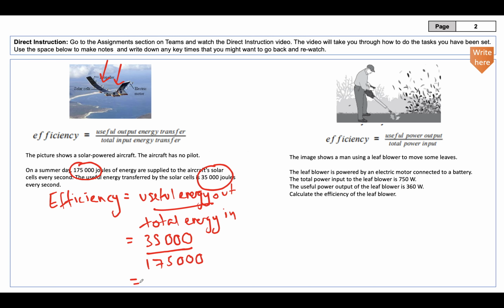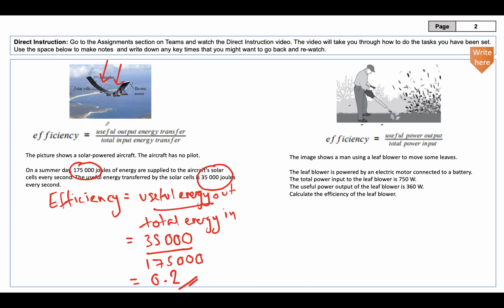Pop that into the calculator. And that gives me a 0.2. And that's all we need to do. If you were asked to give it as a percentage, you could times this decimal by 100 and it would give you 20%. But the exam board now prefer you to leave it as a decimal.